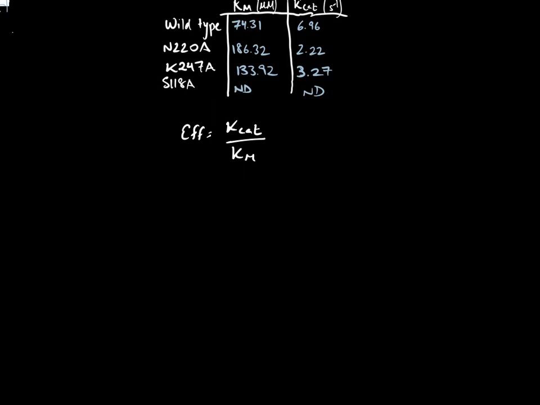So Kcat describes the last step of the reaction that leads to the products. So if I have enzyme plus substrate, and that leads to the ES complex, and then that second step leads to the enzyme plus the product, then K2 here is equal to Kcat.